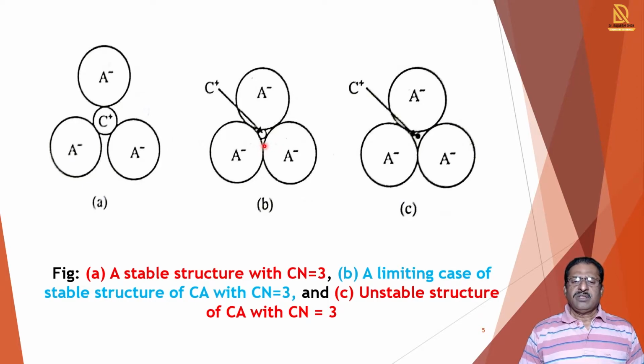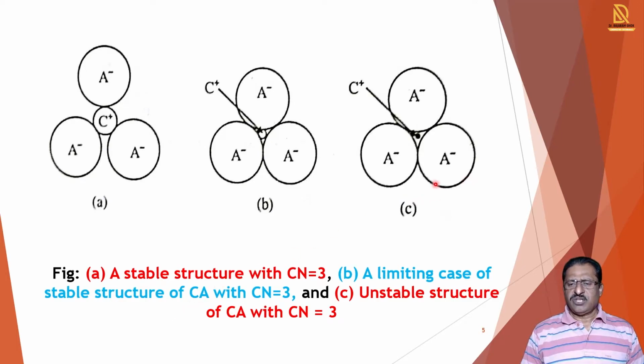This means the cation and anion are at maximum closeness, and the attractive force between cation and anion and the repulsive force between anion and anion are equal. So this is a limiting case, or the ideal case, in which there is a stable structure for coordination number 3.